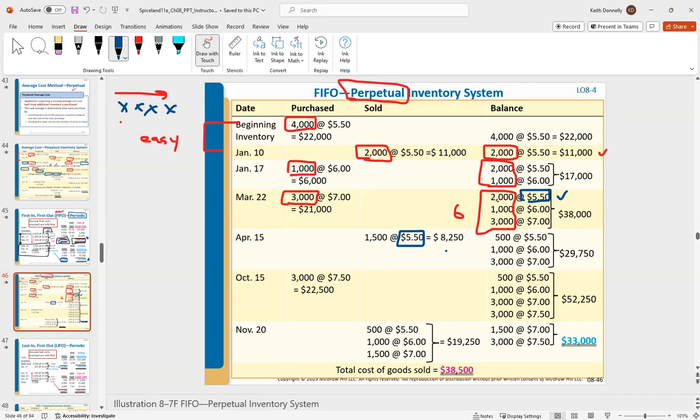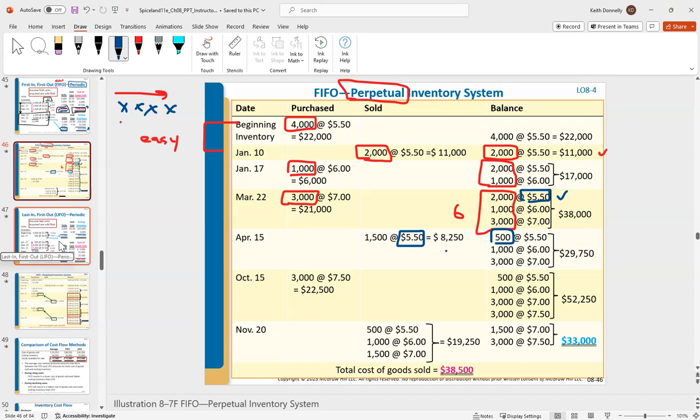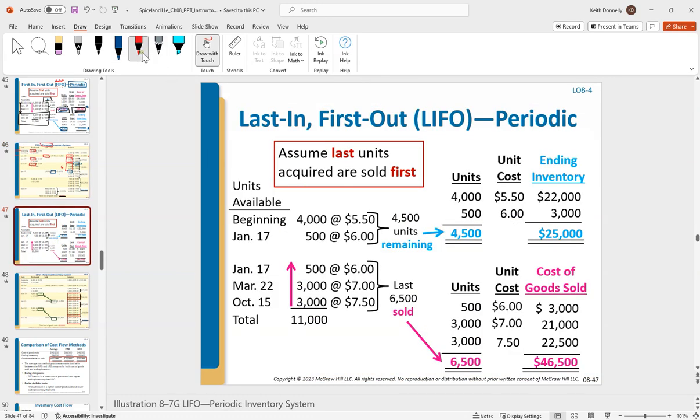If there were 2,000 to begin with and we sold 1,500, then there must be 500 left. We're drawing from the oldest pile. If there is another sale down here, you keep drawing from the oldest pile to the newest pile.